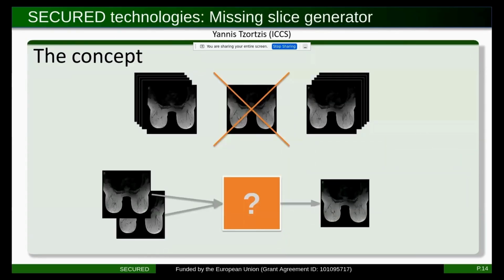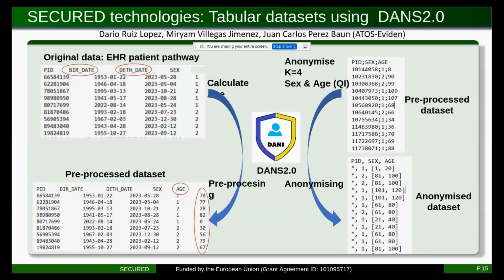I just want to shortly mention the MRI example, which generates a missing slice from a series of slices in an MRI image, and the user has to guess whether the generated image fits into the series or not. And the last example is the tabular data generation.